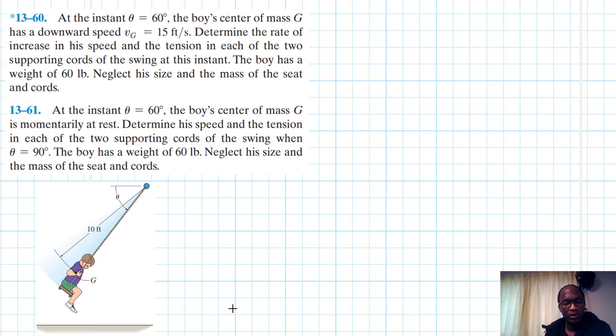So let's draw the free body diagram. We have the weight here, and this is going to have components along this axis and that axis. I'll make this one short. We also have the tension.